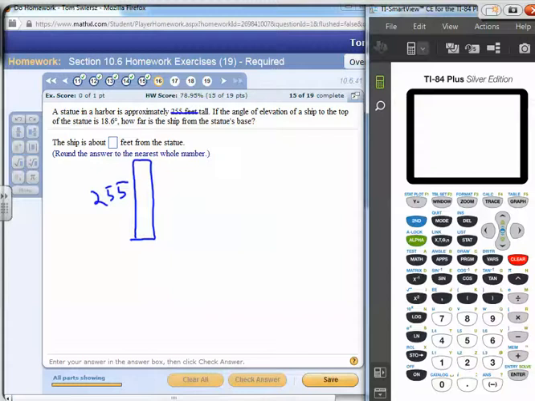If the angle of elevation of a ship to the top of the statue, so here's the ship, to the top of the statue is 18.6 degrees, how far is the ship from the statue's base, which is along the water here, right?